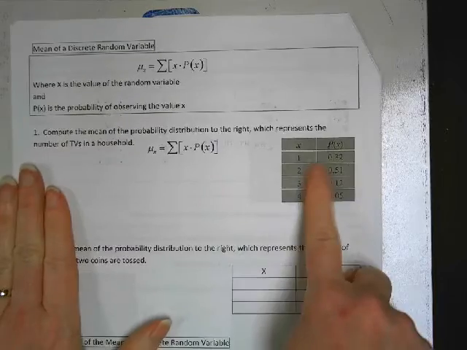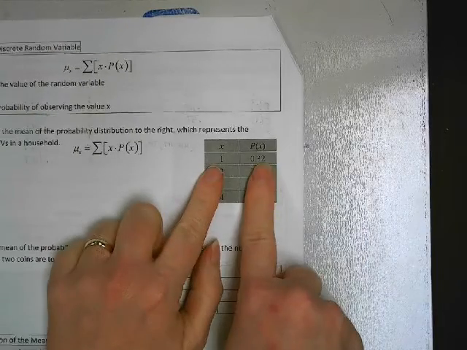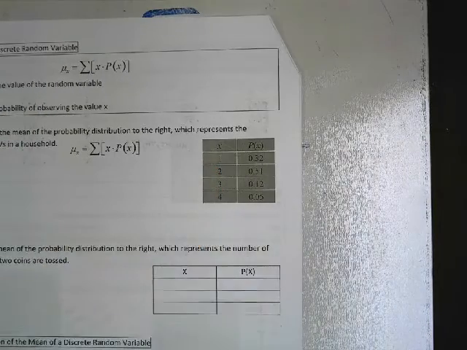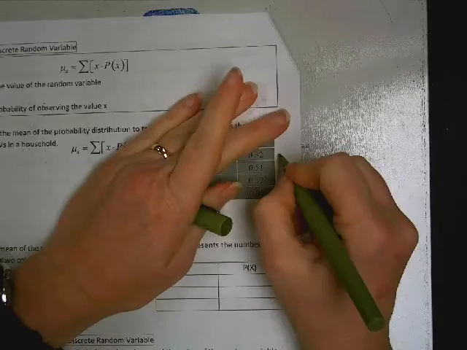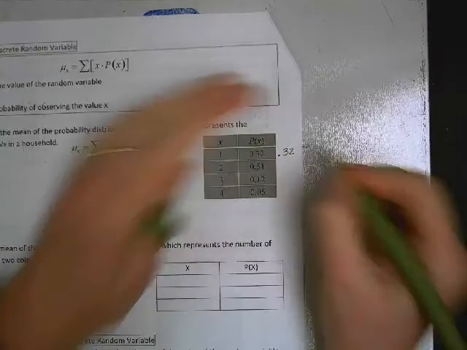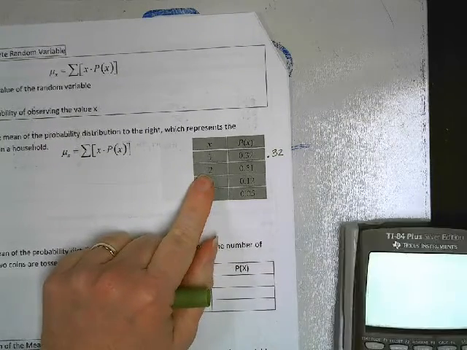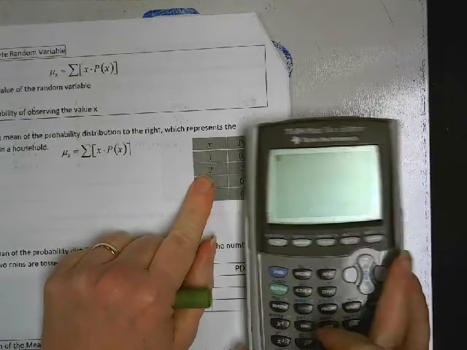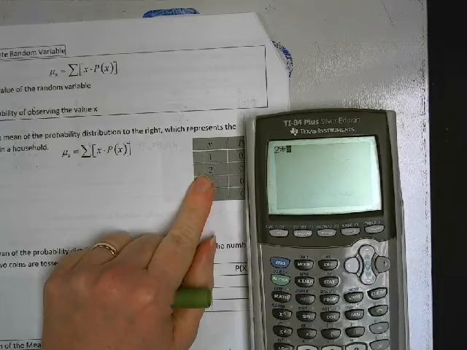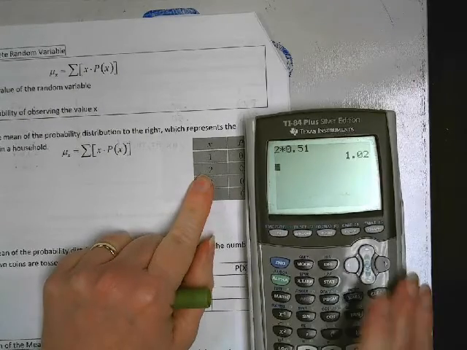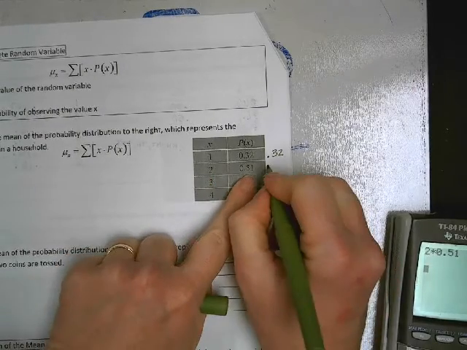So the first thing you're going to do is 1 times 0.32, which is obviously 0.32. 2 times 0.51, so I'm just going to do that in my calculator. 2 times 0.51 is 1.02.